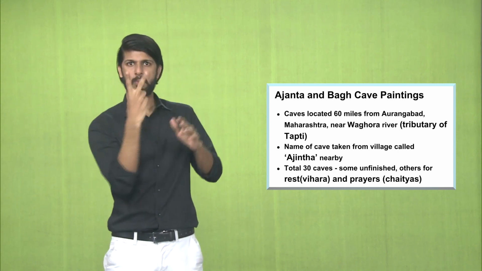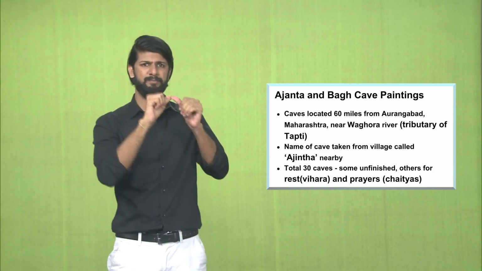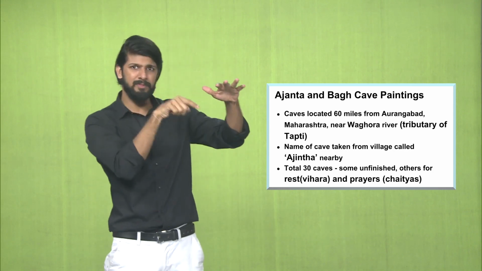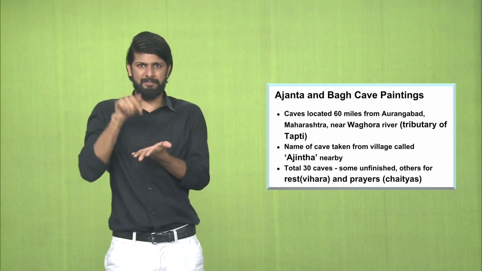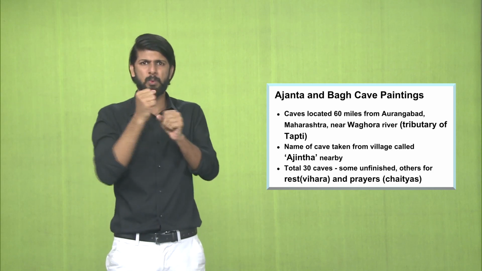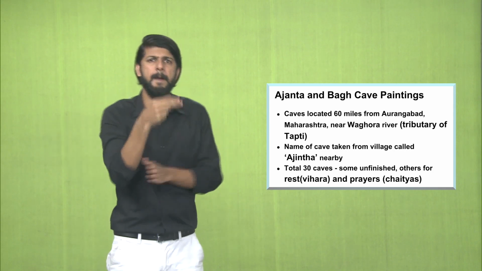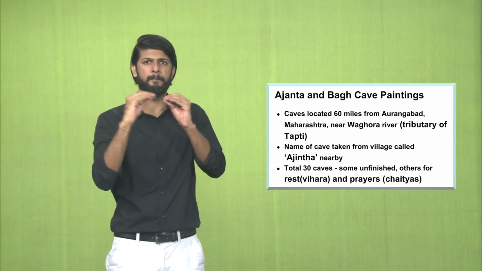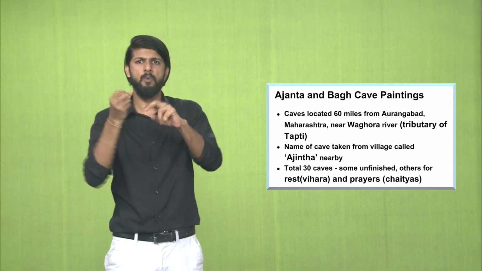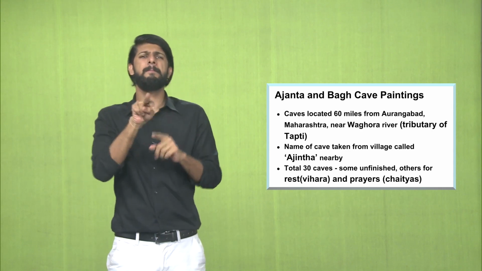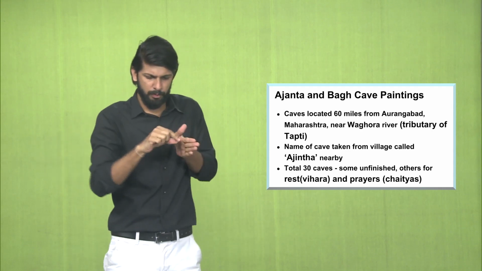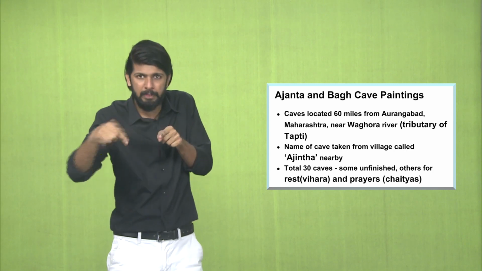The Ajanta and Bagh caves were located in Maharashtra, 60 miles from a place called Aurangabad, near the Vaghora river, which is a tributary of Tapti.